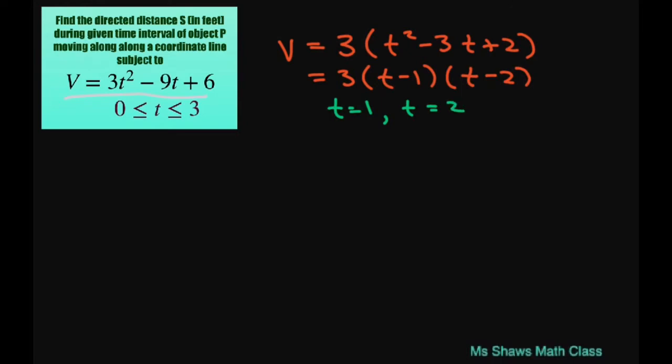So if we sketch a graph of this, it's a parabola that opens up with the y-intercept of 6, and we're going from 0 to 3.